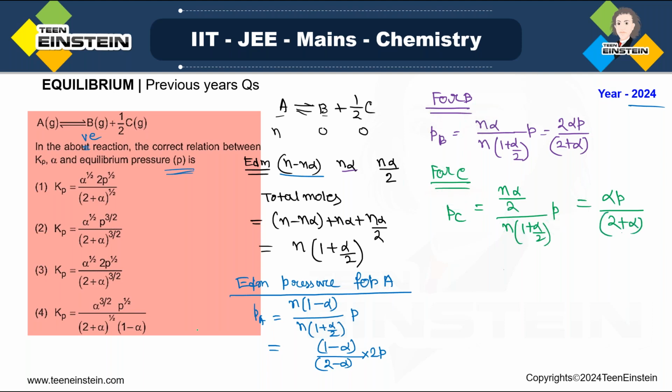Now we will calculate the Kp. So the Kp expression will be partial pressure of B times partial pressure of C to the power half, because that is the coefficient. So we will put all the values in the pressure terms.